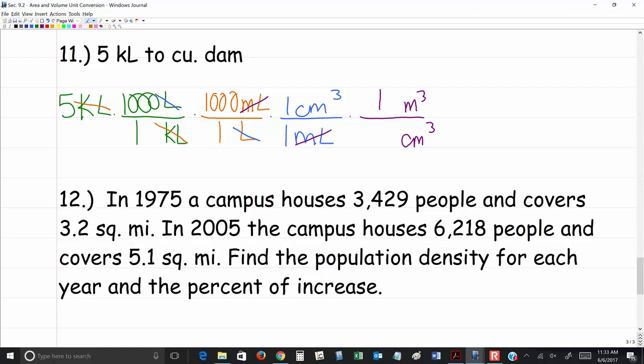So 1 cubic meter contains 100 cubed centimeters cubed. And then the last one, I have to put cubic meters here and cubic decameters here. 1 cubic decameter will be containing 10 to the third power cubic meters.